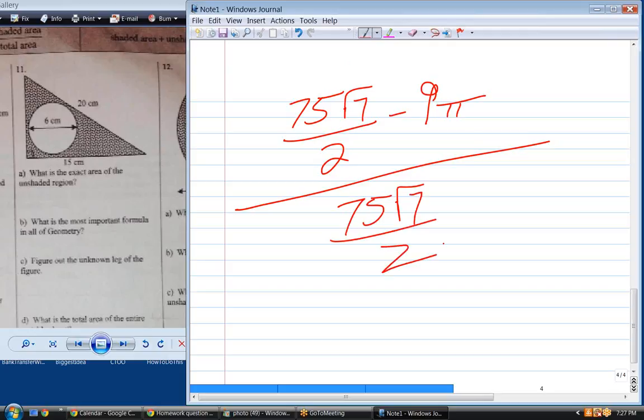Okay. Now, here's where, let's see. Can we pull anything common out of that? I don't think so. 9 doesn't go into 75. But 3 does.